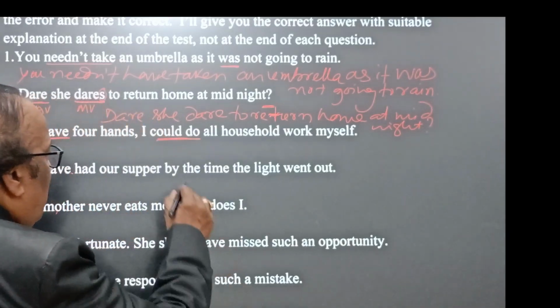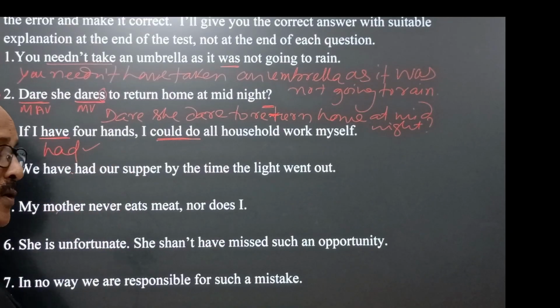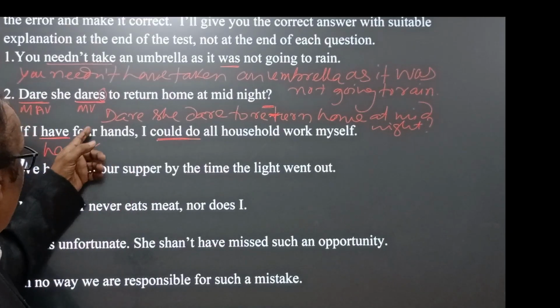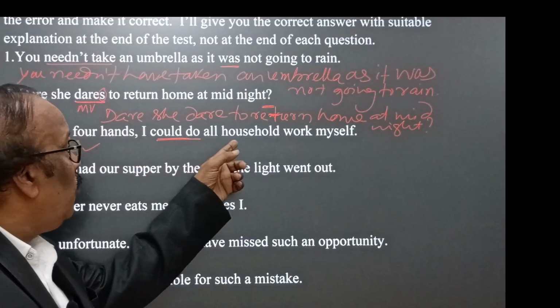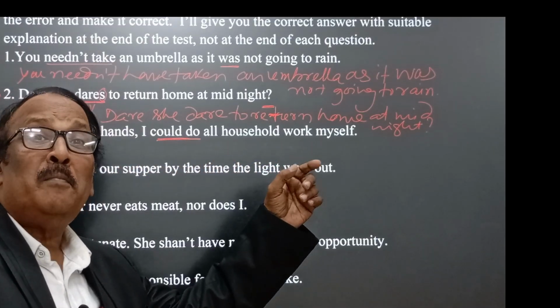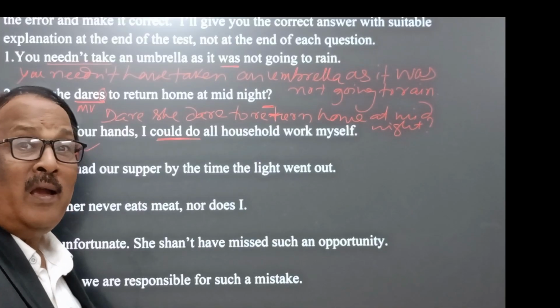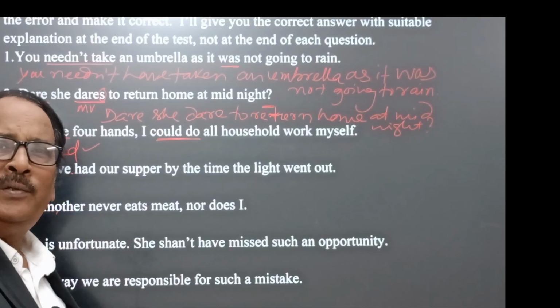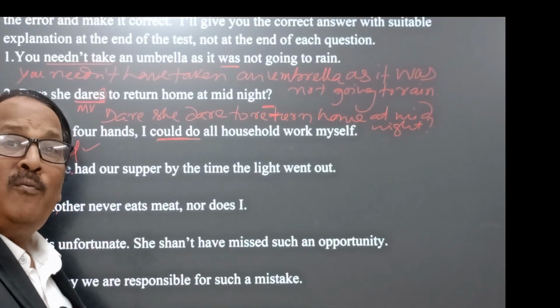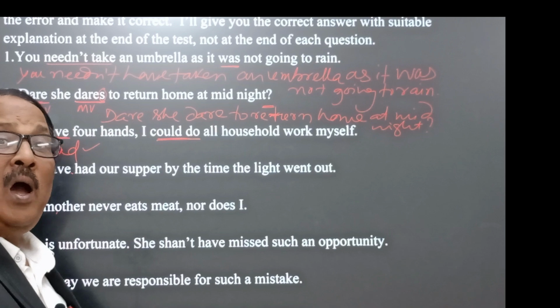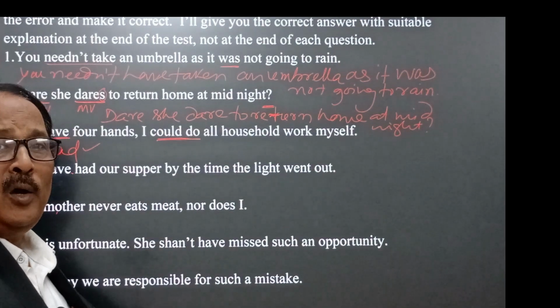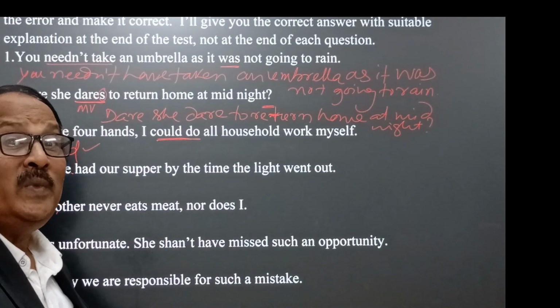Therefore, had is the right answer. If I had 4 hands, I could do all the household work myself. It means I don't have 4 hands, so I can't do all the household work myself. This is the idea.